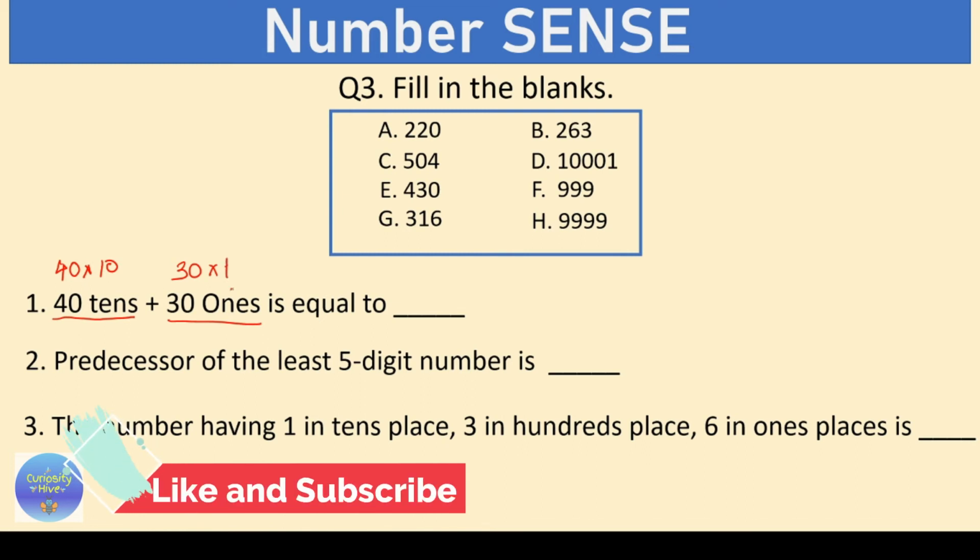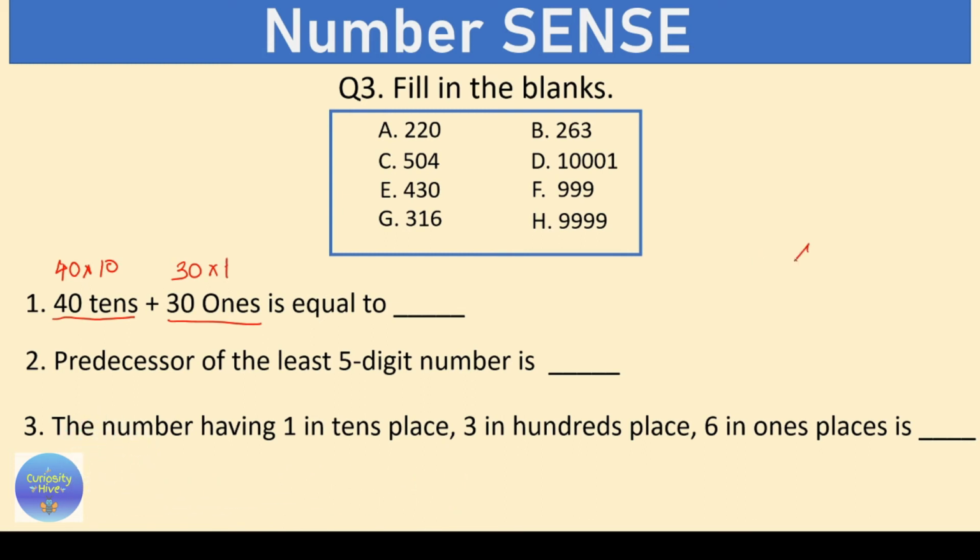And then add this. Well, 40 times 10 is 400 and 30 times 1 is 30. So it is 430, which is the first blank. So 430 is our answer. That is option E. So let me just put 1 here.